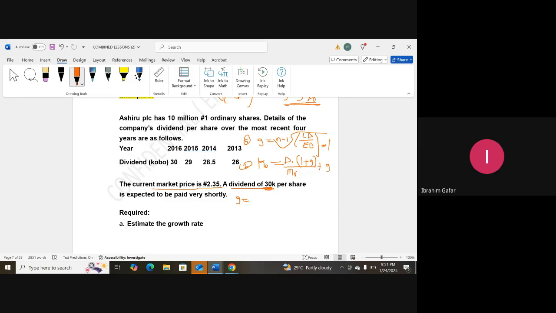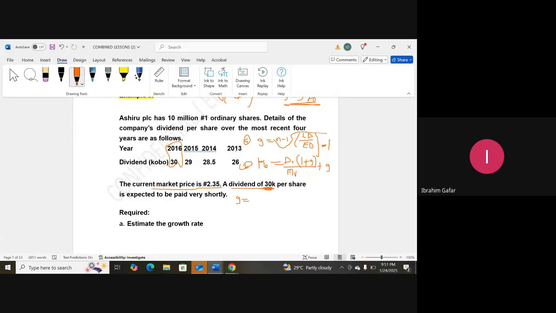This 30 kobo that you see here is the same 30 kobo that you have in 2016. Do you agree? Yes, sir. It means that this same 30 kobo that they say is expected very shortly is the dividend of 2016 that has not been paid. So that is why we can say it is 4 years.